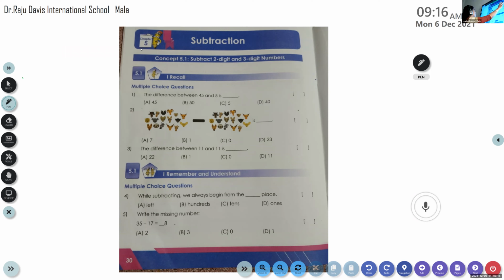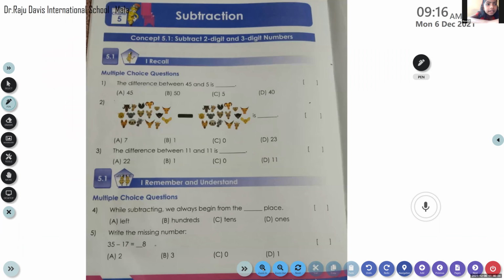The difference between 45 and 5. Part 1. I have already sent the message in the morning. You didn't check?